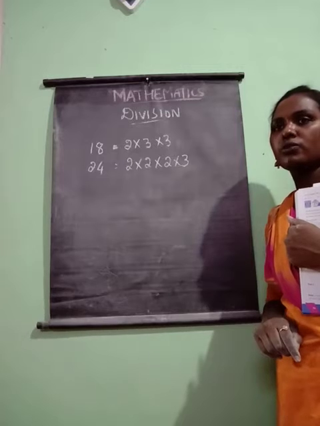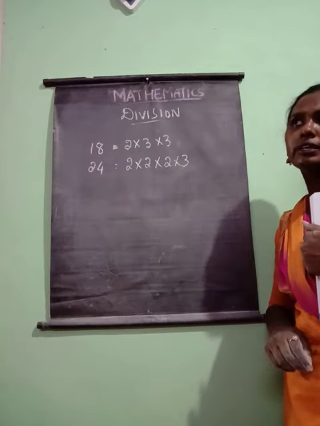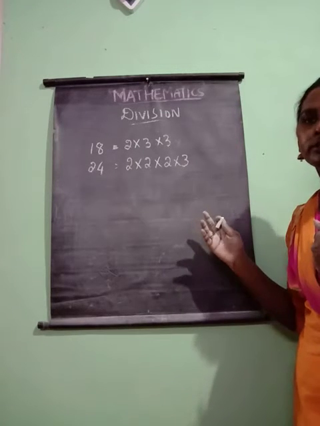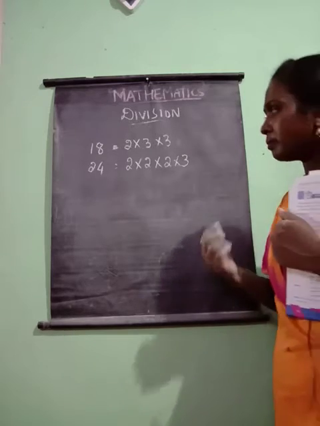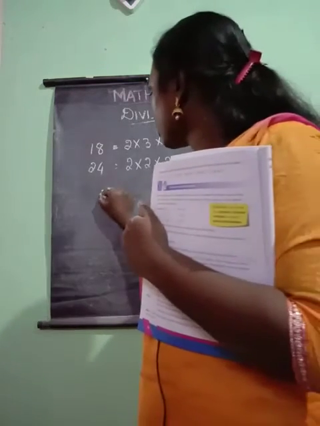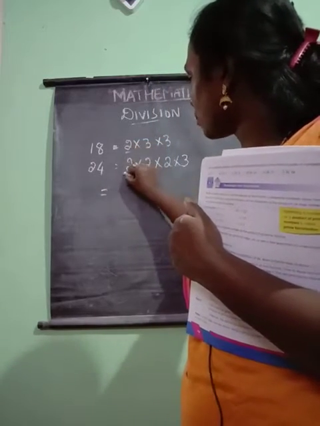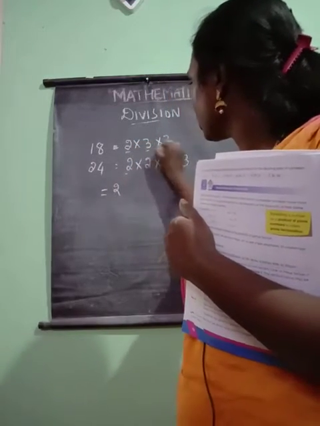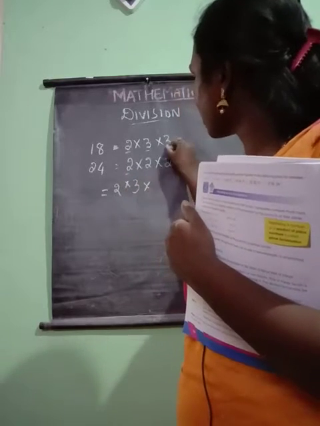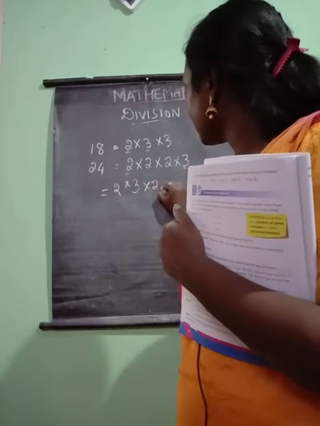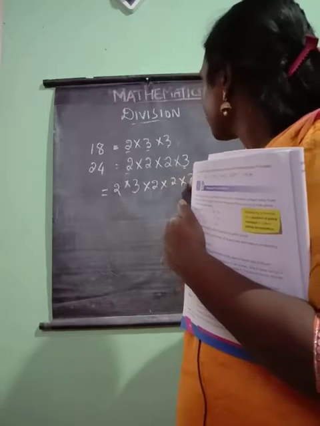Okay. So in HCF we take the common factors, but in LCM what you have to do, you have to write first the common multiple, 2 and 3. Again the left out numbers, again 2 into 2 into 3.